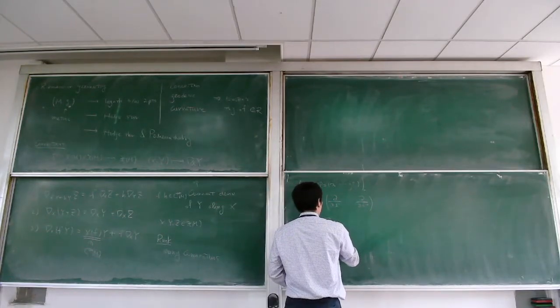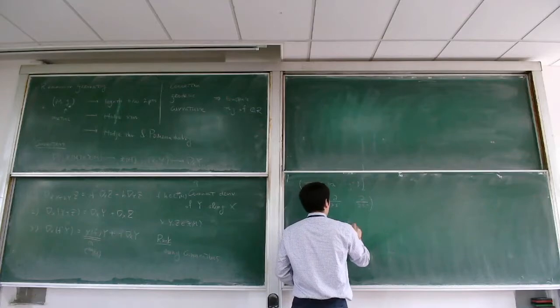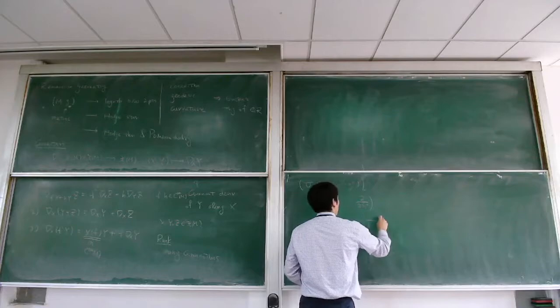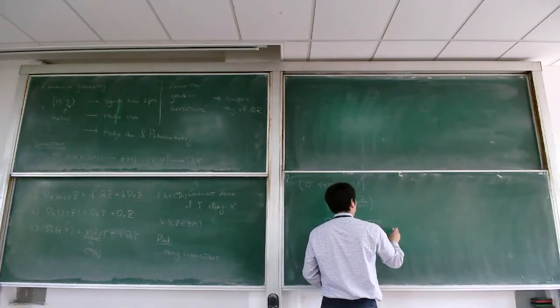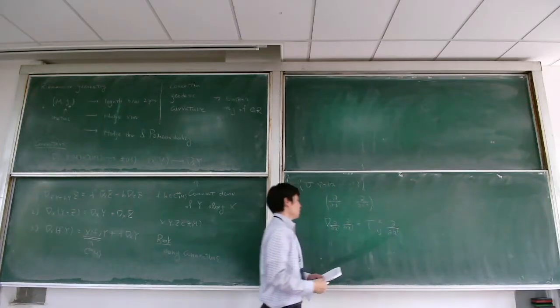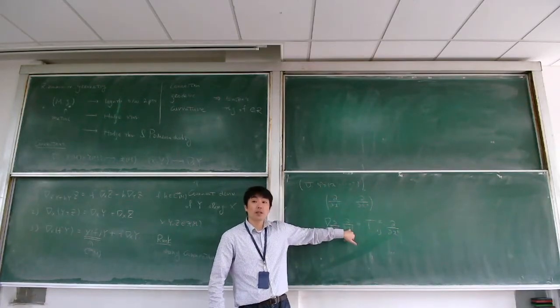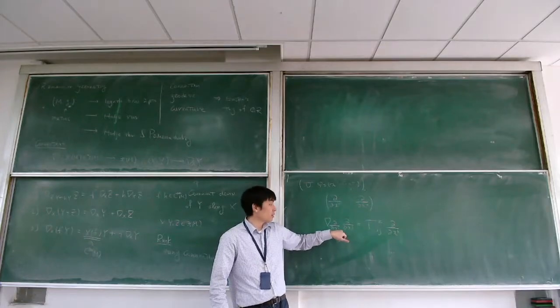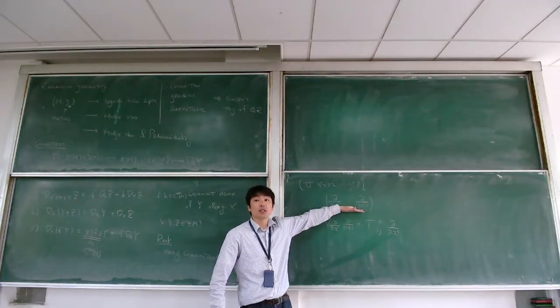With this basis, people usually write the following for two vector fields.